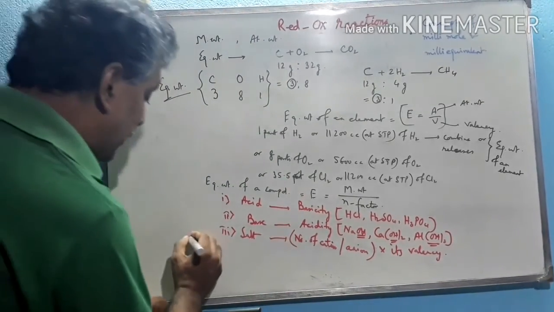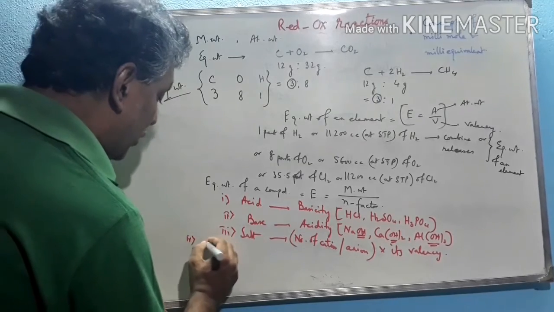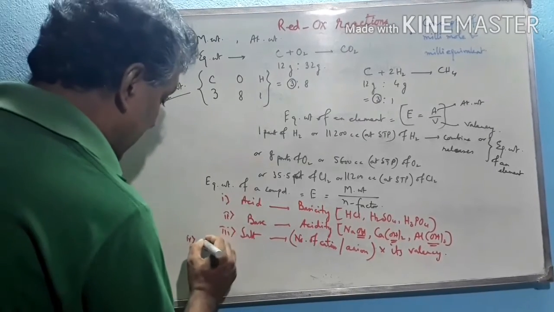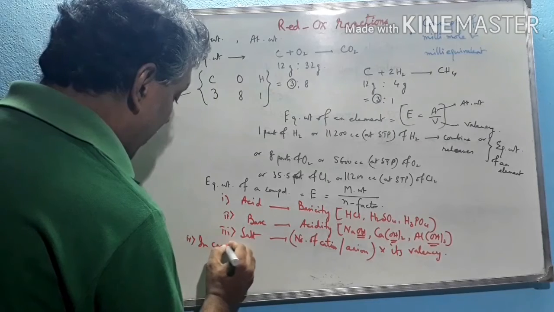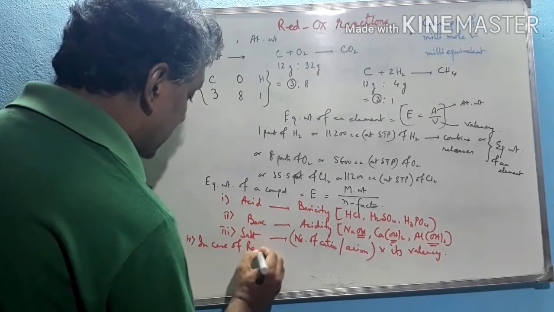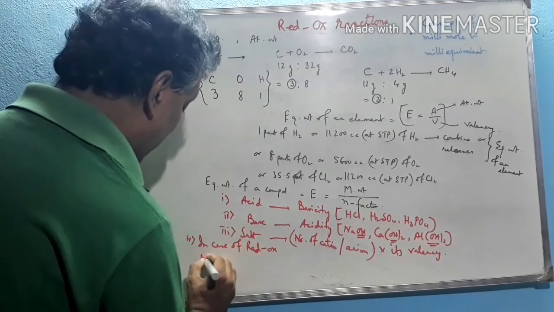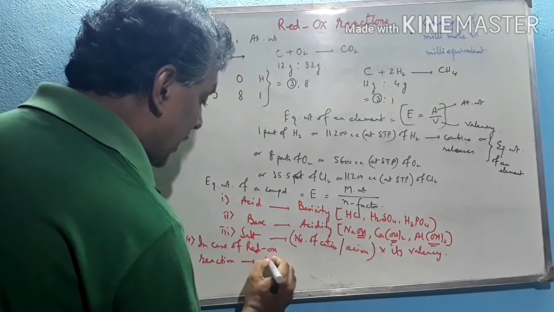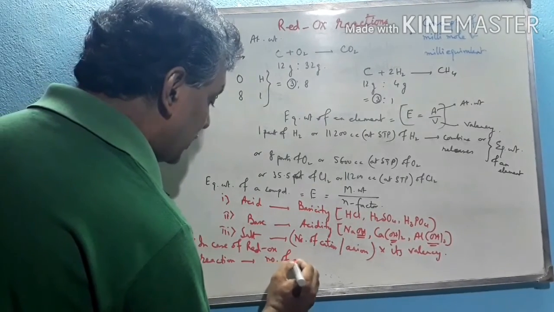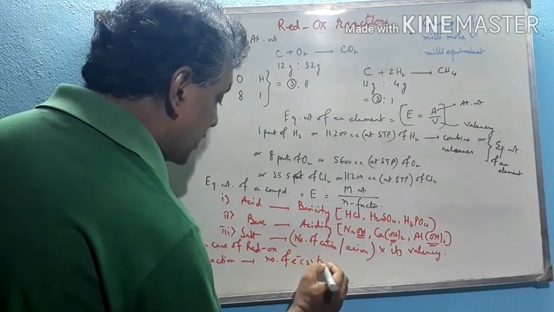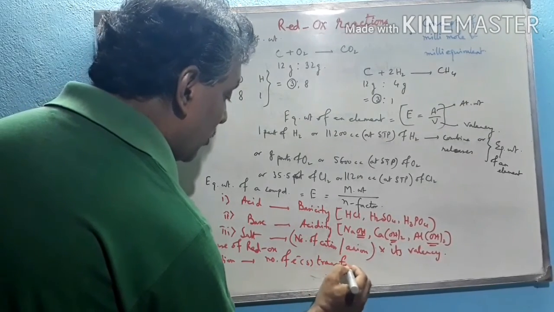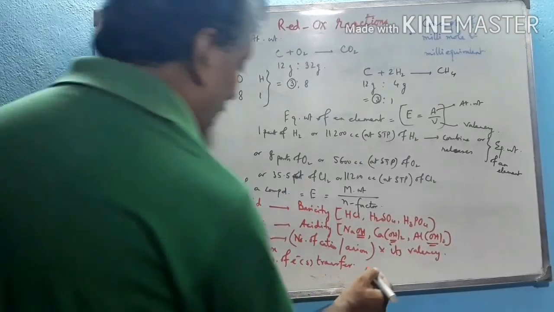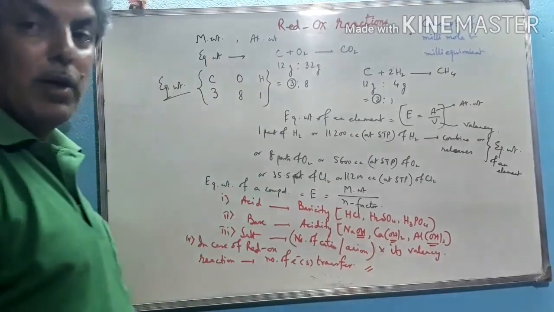Now, in case of a redox reaction, if we want to find out the equivalent weight of a substance, the n factor is nothing but the number of electrons transferred. So this is actually the method to find out the equivalent weight of a substance.